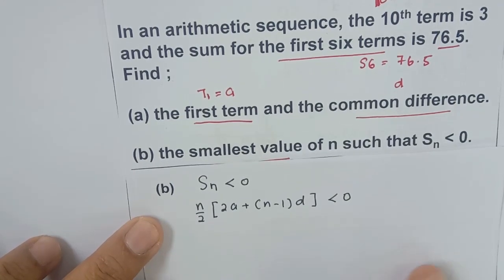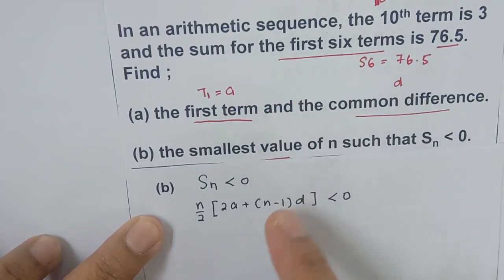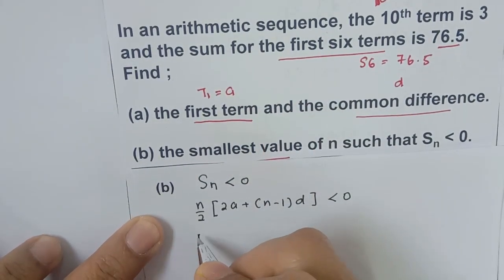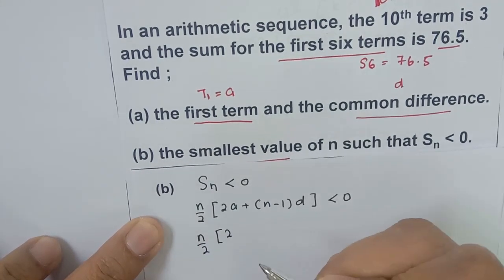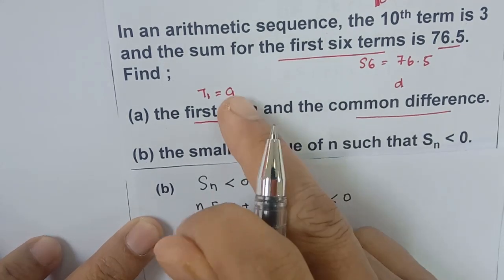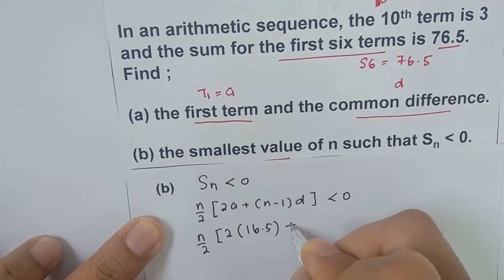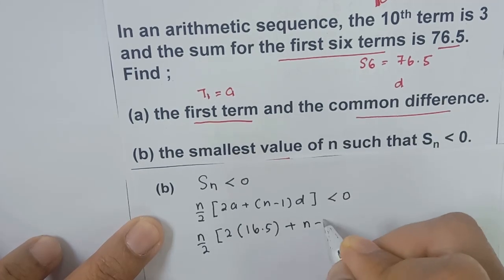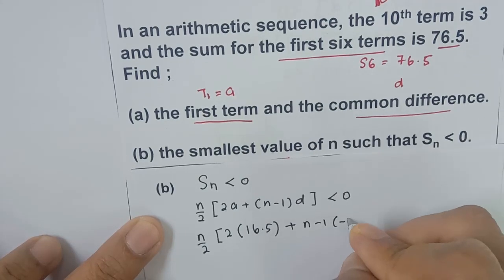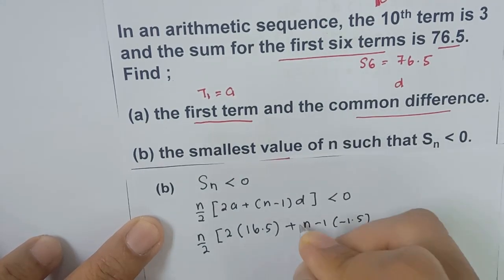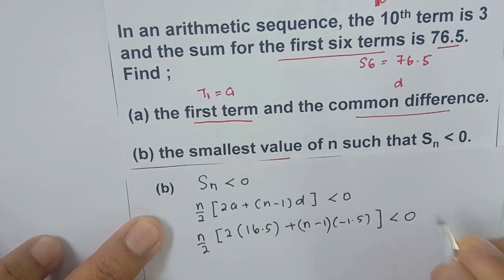Then from part A, substitute the values of a and d: n over 2 times 2 times 16.5 plus n minus 1 times the common difference negative 1.5, less than 0.